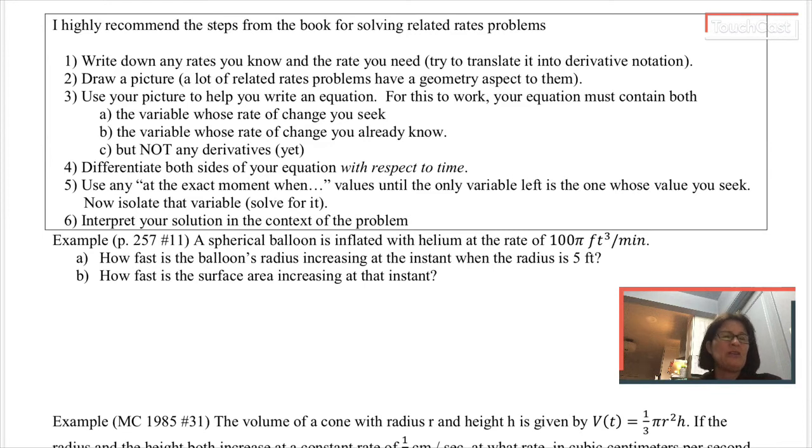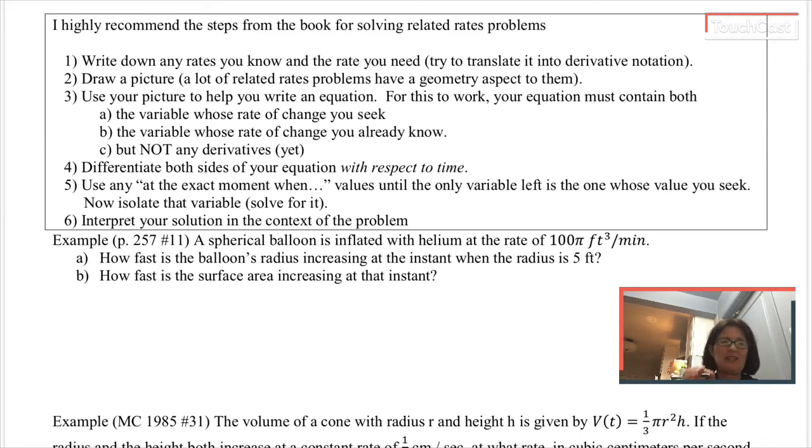Once you have that equation, which should be usually something from geometry, a volume formula or an area formula, they're not usually obscure formulas. The Pythagorean theorem is a really common one to end up using. Once you have that equation, you're going to take the derivative of both sides of your equation, usually with respect to time.